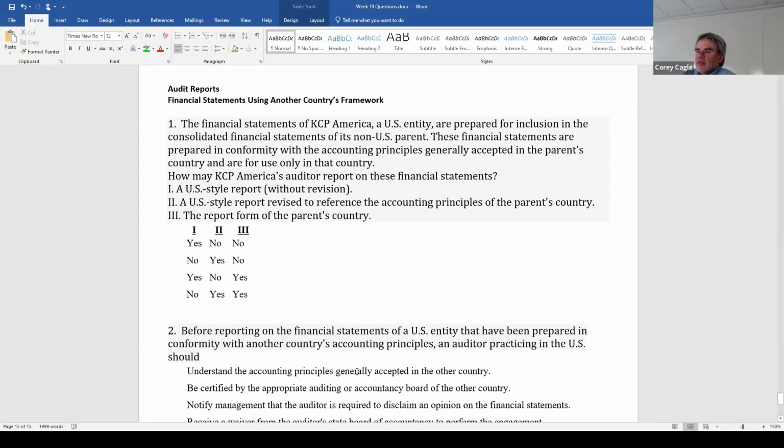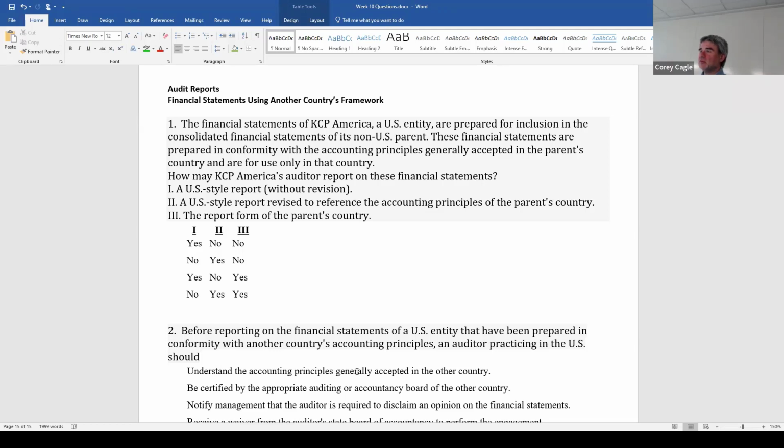So the financial statements of this US entity are prepared for inclusion in the consolidated financial statements of a foreign parent. So there's all kinds of weird situations like this. I just couldn't think of one off the top of my head, but you never know what kind of situation there is. But here we've got a foreign company getting an audit of a US entity. Financial statements are prepared in conformity with accounting principles generally accepted in the parent's country and used only in that country. So that might be an example of exactly what you were asking.